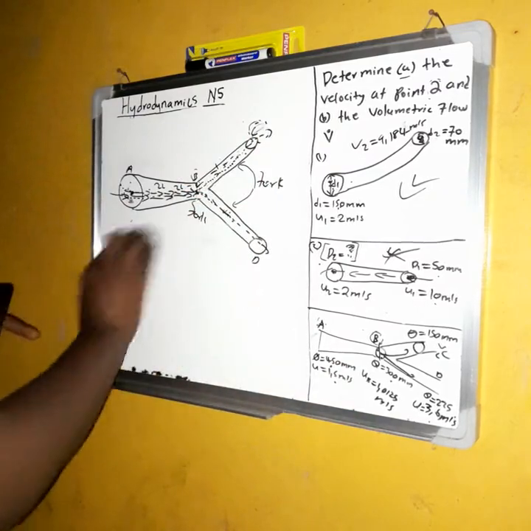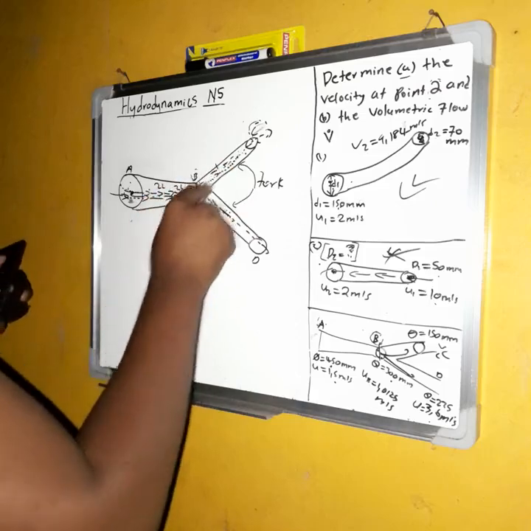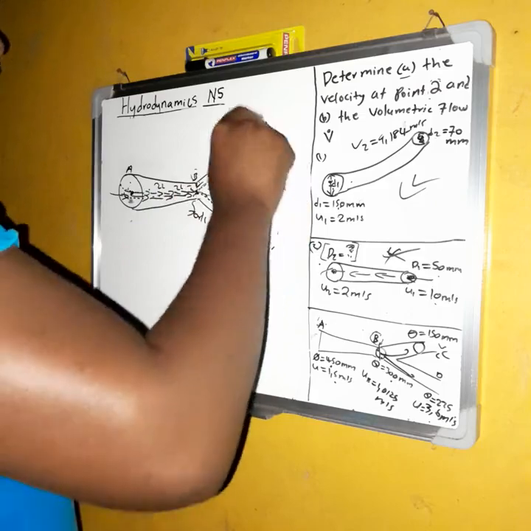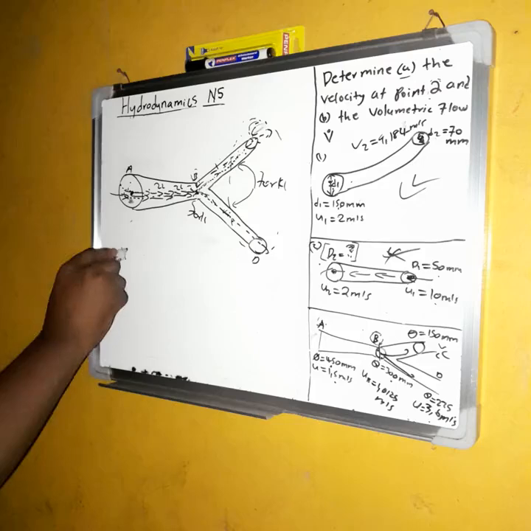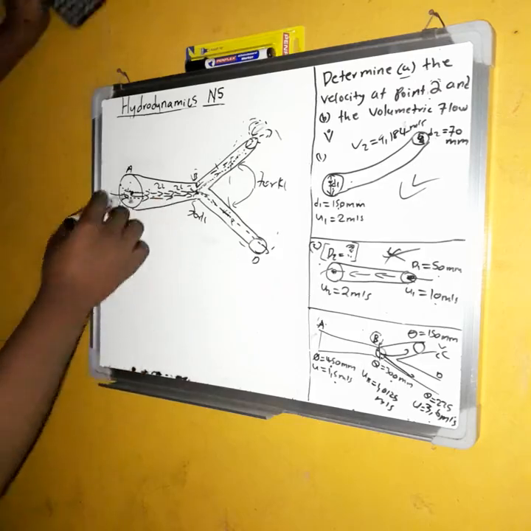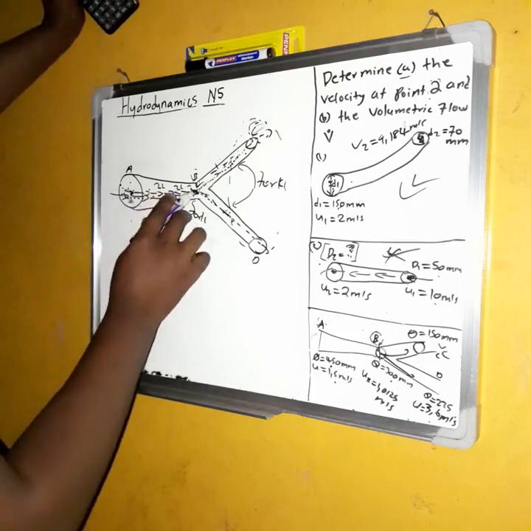At the junction, where the water splits, the formula you must use is either VA or VB, it's up to you.